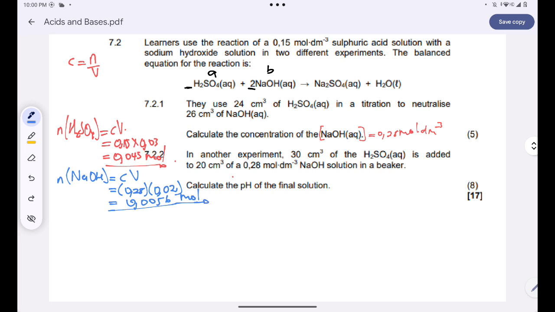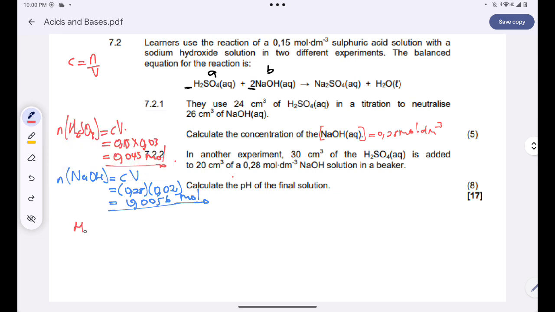Now I simply need to find out which one between the two is my limiting reagent. The limiting reagent, guys, please remember, is always the substance that will give me the smallest amount of products. So for acid, let me use red for acid.